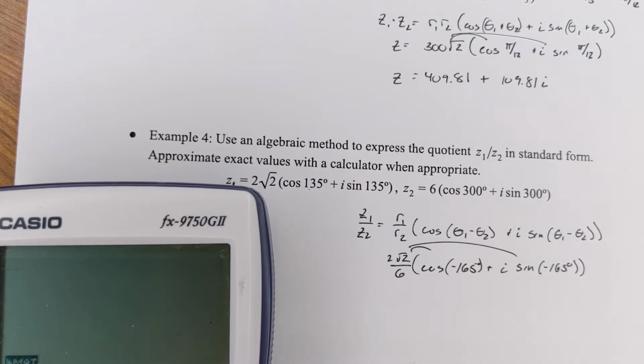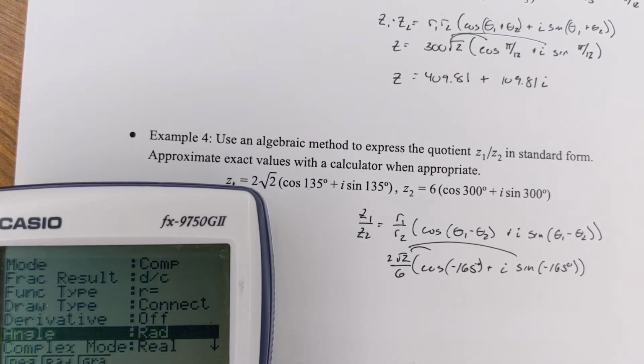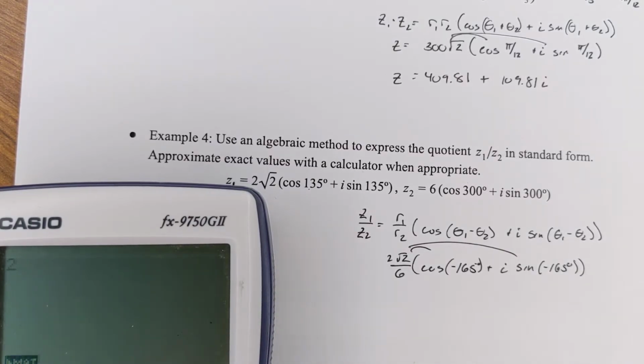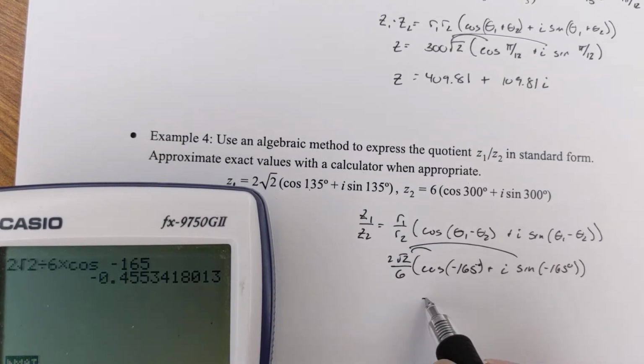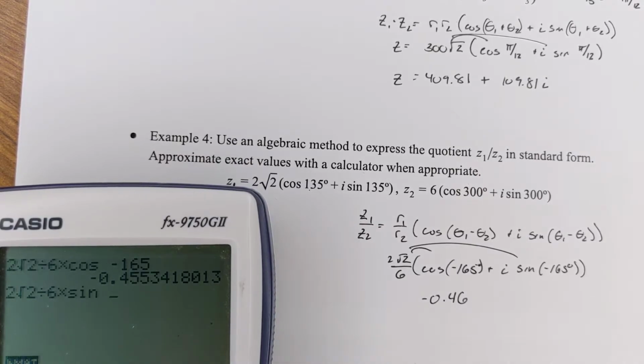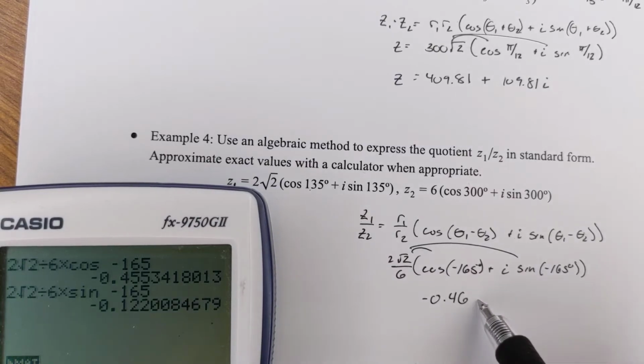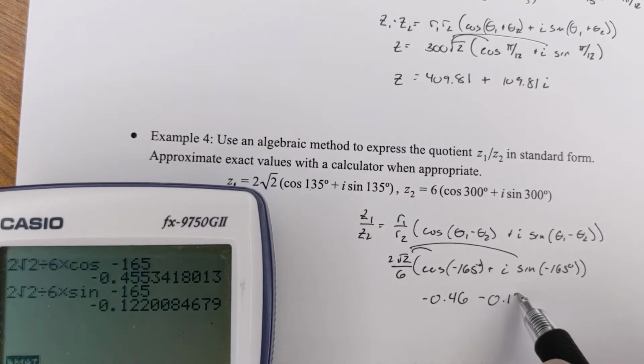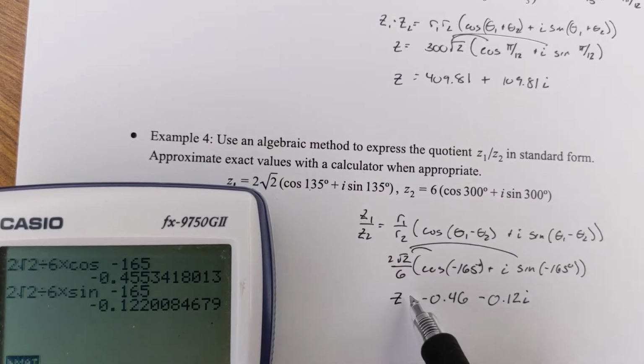So the calculator goes to degrees. 2 square root 2 divided by 6 times the cosine of negative 165 is negative 0.46. 2 square root 2 divided by 6 times the sine of negative 165 is negative 0.12, and i. So there you go.